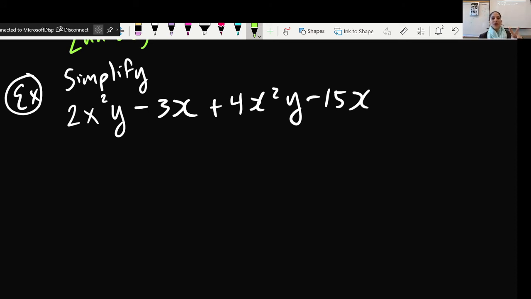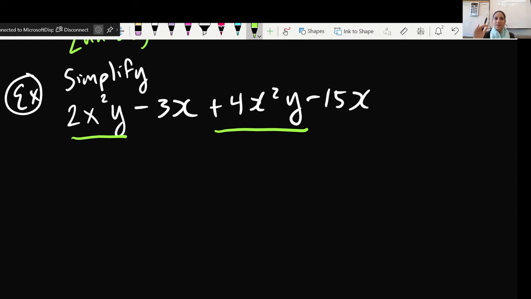Yeah, so the terms have the same variables in them, and the variables have to have the same degree as well. If they have the same letters and the same degree on those letters, we can consider them like terms and we can combine them. So let me show you what I mean. If we have 2x squared y, is there anything in there that's considered a like term to that? Yeah. The 4x squared y.